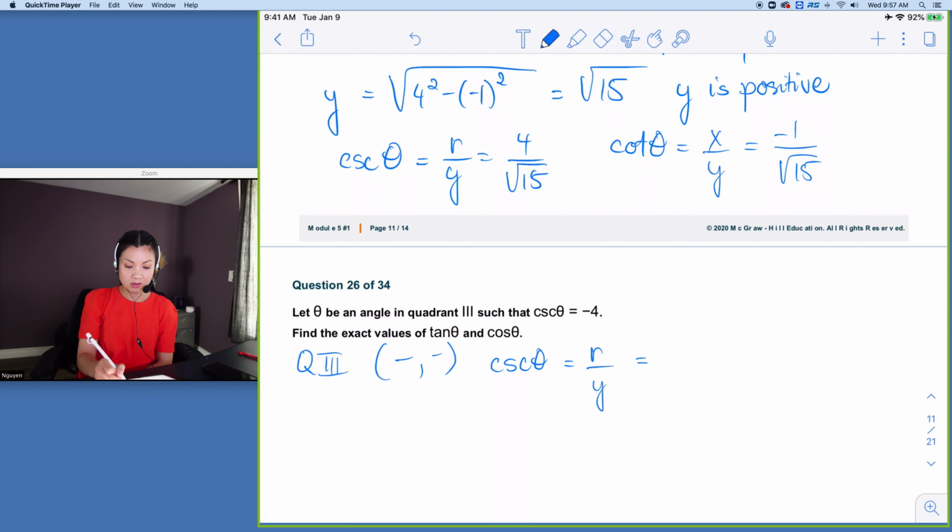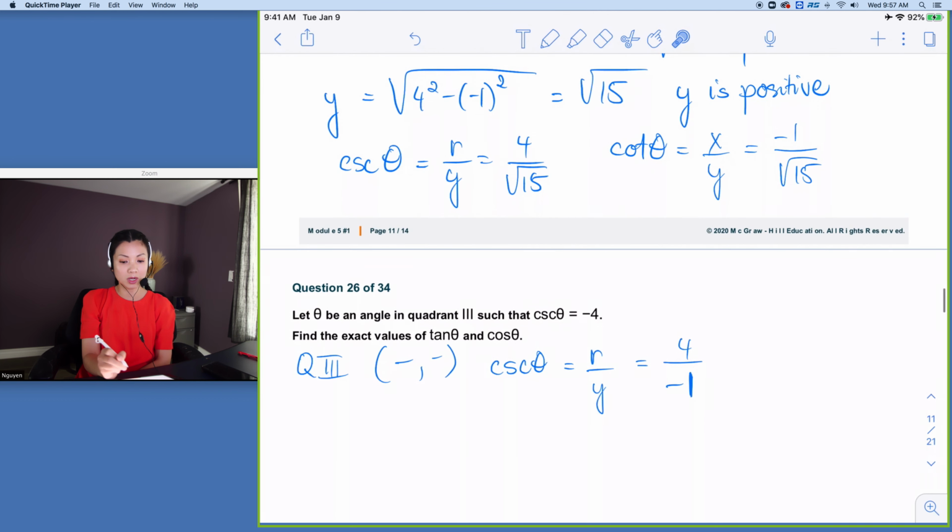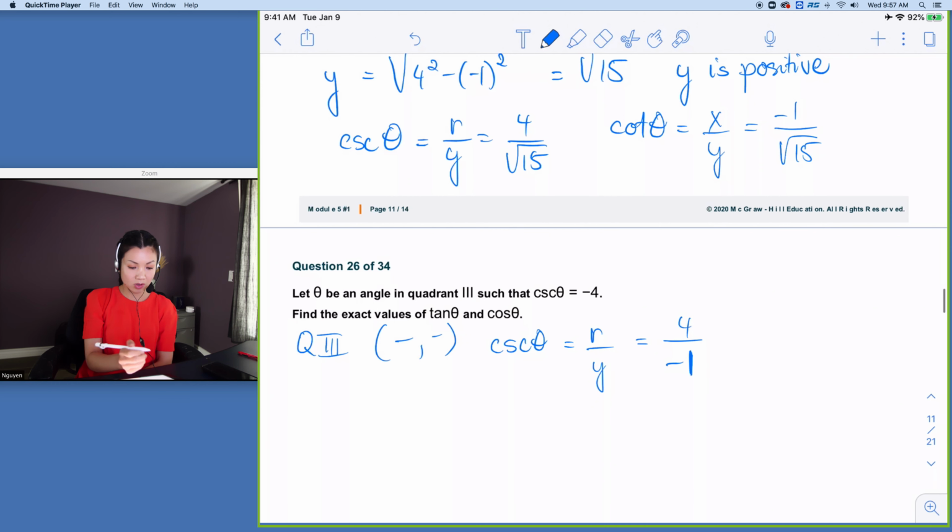So you see that we have 4 over negative 1. Okay, because don't forget cosecant is given here. Of course, they say negative 4, but you should know it's negative 4 over 1, and y is the negative 1, not the r. Okay, so from there, we're going to solve for x.